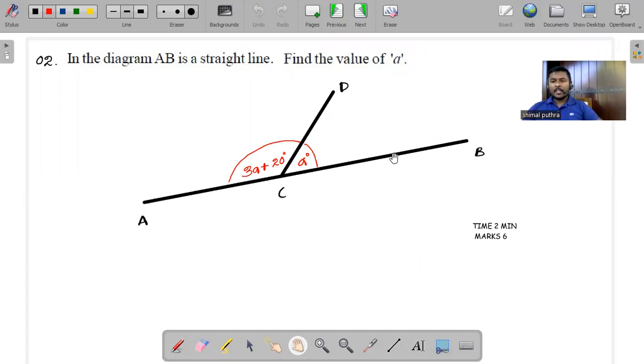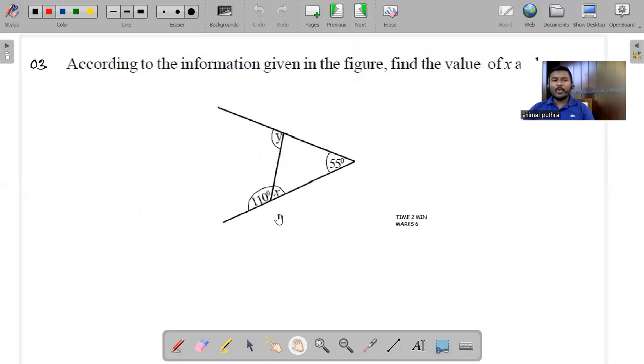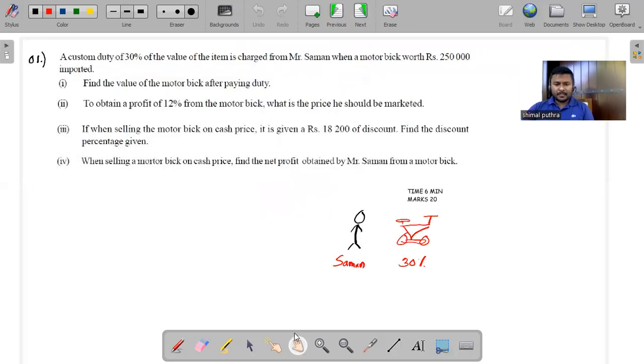Imagine that when you are writing a model paper in the model paper class, this screen will be displayed for 2 minutes. After the 2 minutes, it will automatically move to the next slide. That is the secret of our model paper class. That means you will practice model papers with time. Okay, I will come to the question.